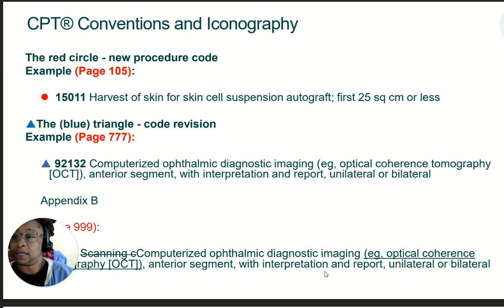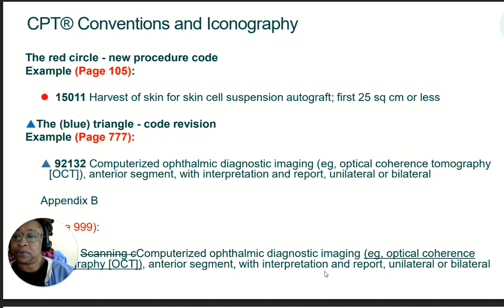We also want to look at the blue triangle. This means that there has been a code revision, meaning there has been a change or a correction within that code. If you have a reference to a 2024, you will see there was a revision with this triangle here for code 92132.